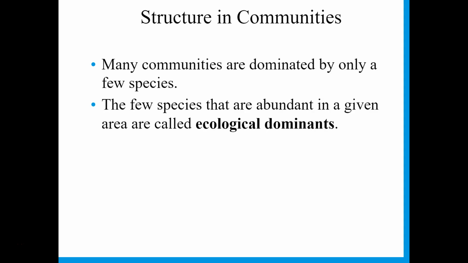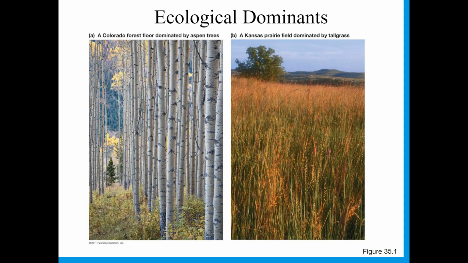A lot of communities are dominated by only a few species in high numbers, and those are called ecological dominants. So again, the species that are abundant in a given area are called ecological dominants. At MJC, it would probably be grasses and people that would be ecological dominants. Here is a Kansas prairie field dominated by tall grass.